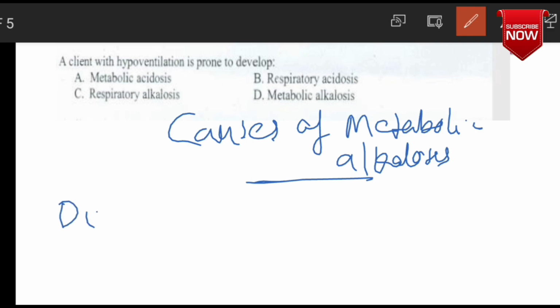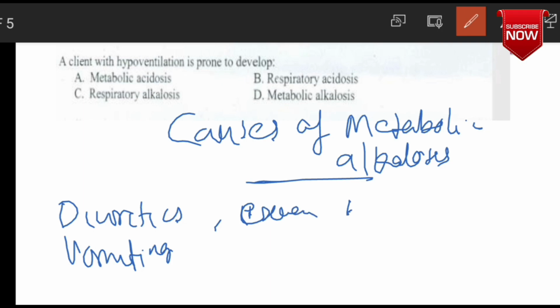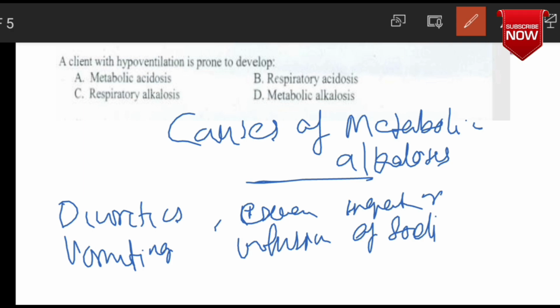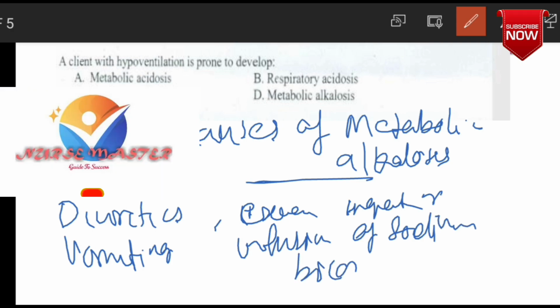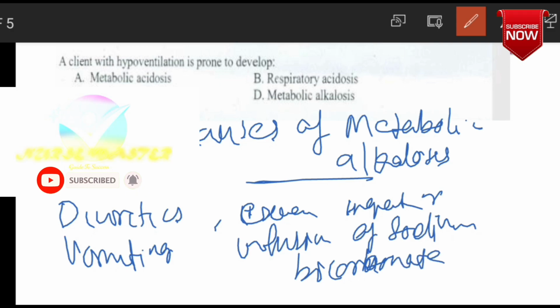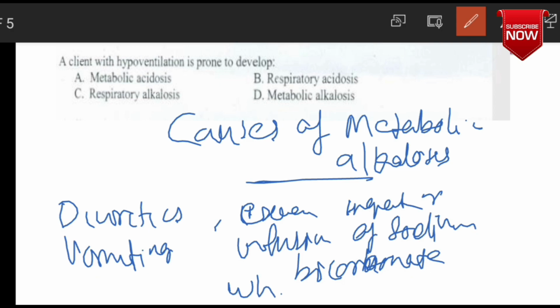First is use of diuretics. Excessive vomiting, hyperaldosteronism, excessive injection or infusion of sodium bicarbonate, and massive transfusion of whole blood.